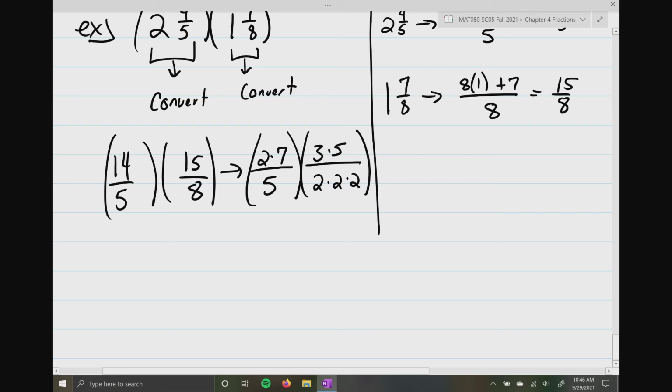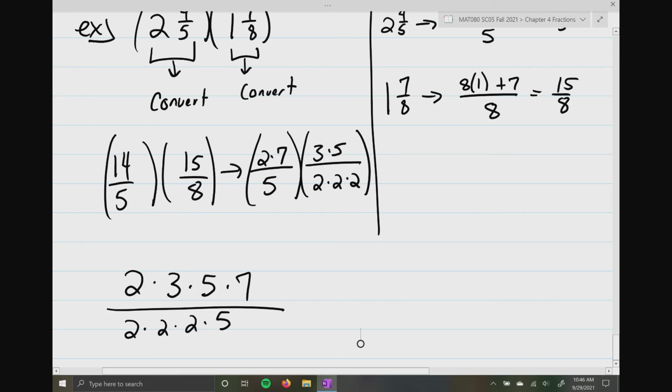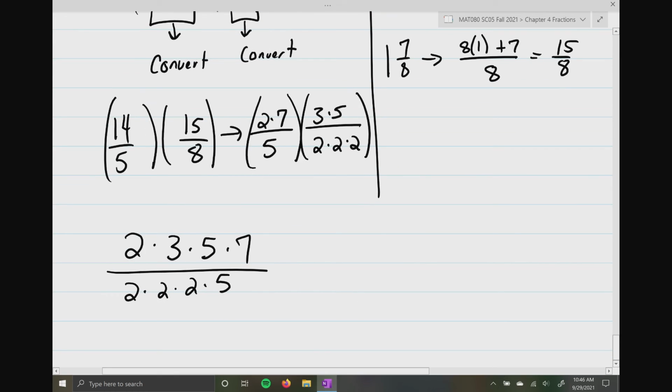I write one big numerator, one big denominator. Now, I look for numbers that are the same in the top and bottom. 2 over 2 reduces. Looks like 5 over 5 reduces. And I think that's it. Is that correct, everyone?